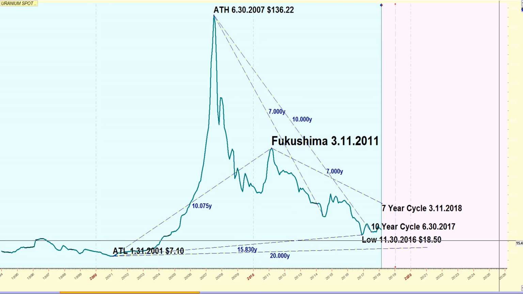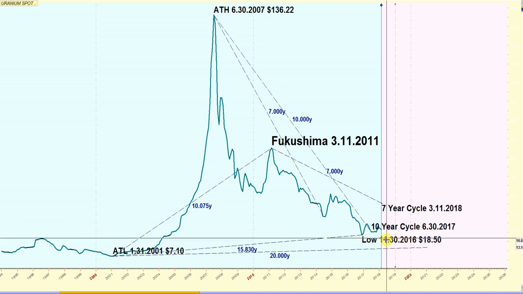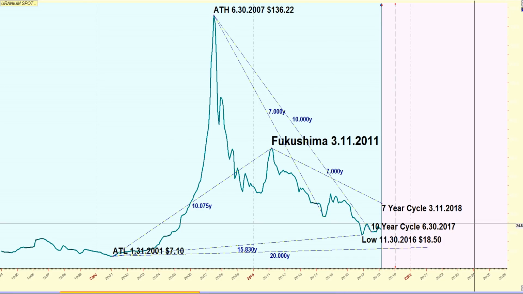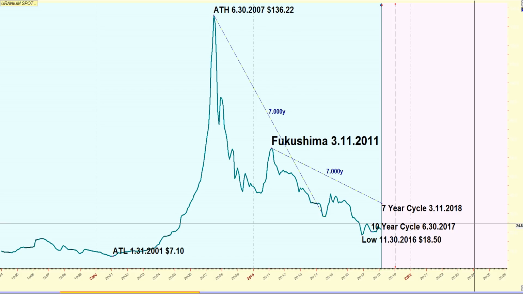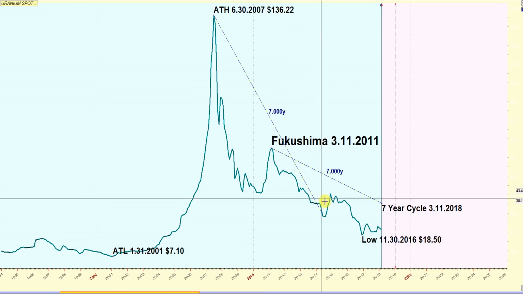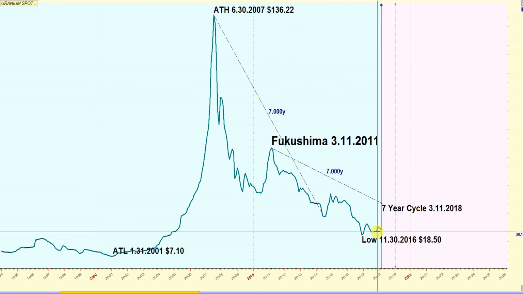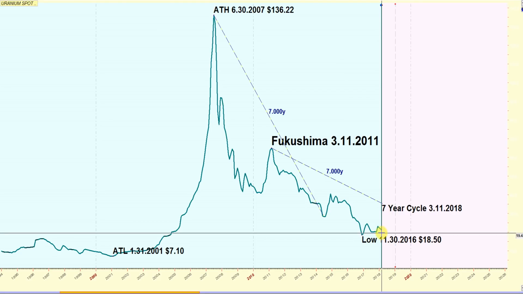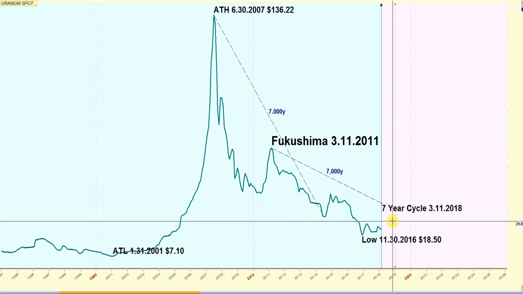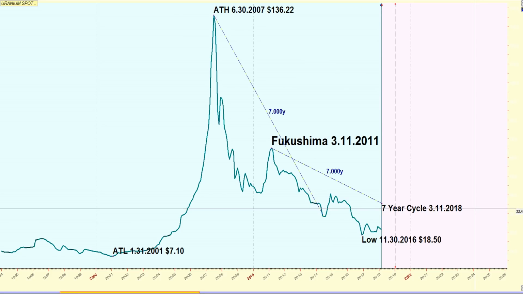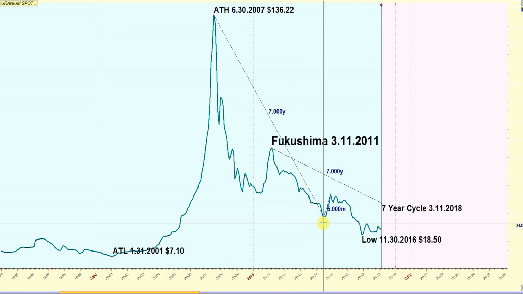What else we got? That's it. 7-year cycle. Let's take all this out. 10-year, 10-year, 7-year. So, what could be the possibilities? That somehow within March, we could probably go up for the next 5 months, looking at what happened at this 7-year cycle.